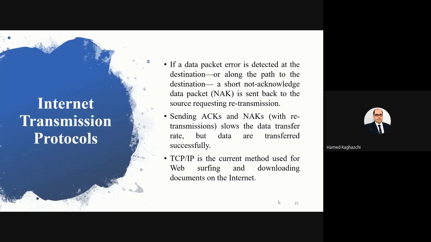So sending acknowledged data packets and not acknowledged data packets slows the data transfer rate, but data are transferred successfully. This method is used for web surfing, downloading documents on the internet.